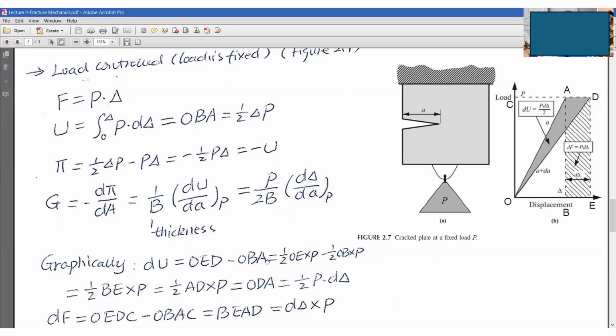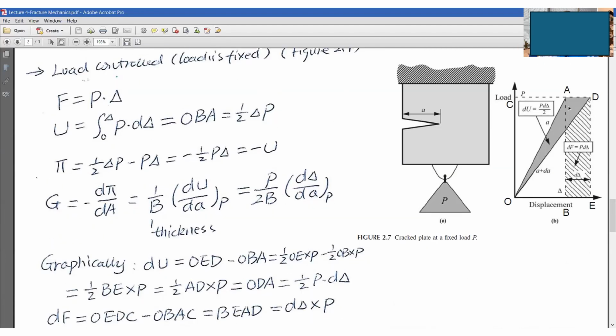OED equals 1/2 base OE multiplied by the height, the final load value P, and OBA equals 1/2 the base OB multiplied by the load value P here, right?